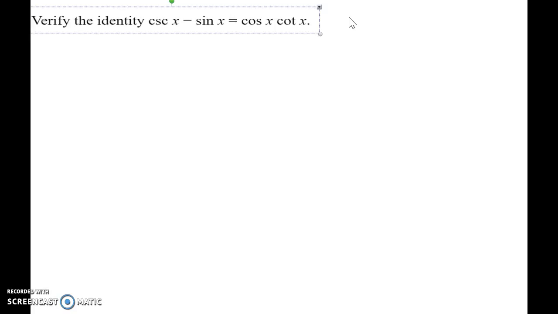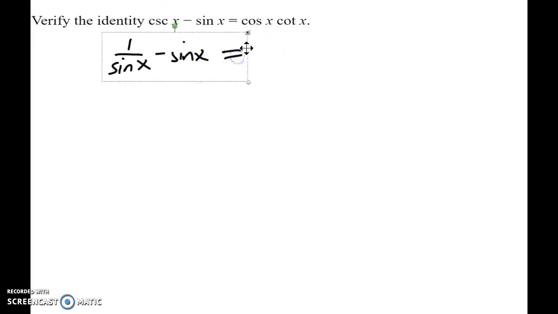So one strategy that can be applied here is that we can take everything that's not sine and cosine and trade it according to what we know. So I'm going to start with changing the cosecant to be 1 over sine. And then over on this other side, cosine is already cosine, so we can leave that.